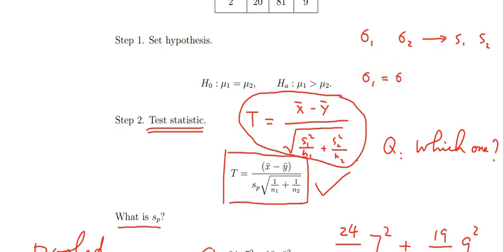If we assume sigma 1 equals sigma 2 equals sigma, then we just replace this sigma by Sp. So we just replace one sigma, and then we have an exact t.